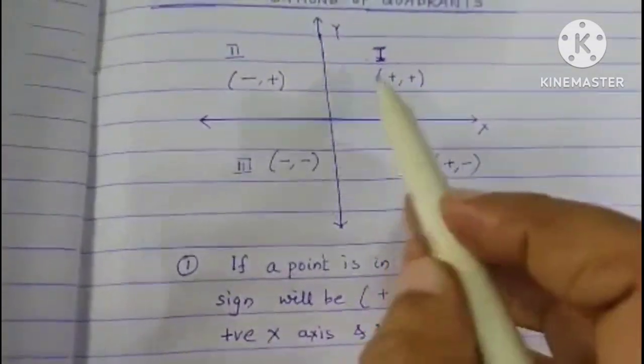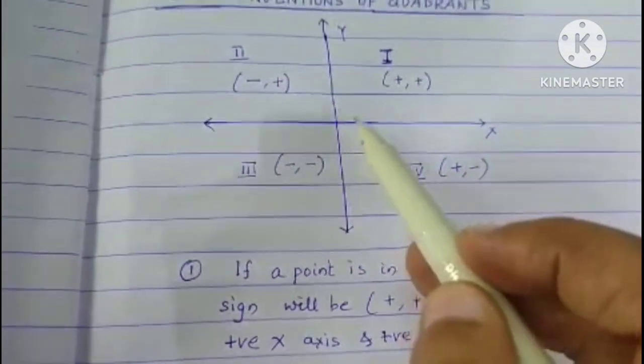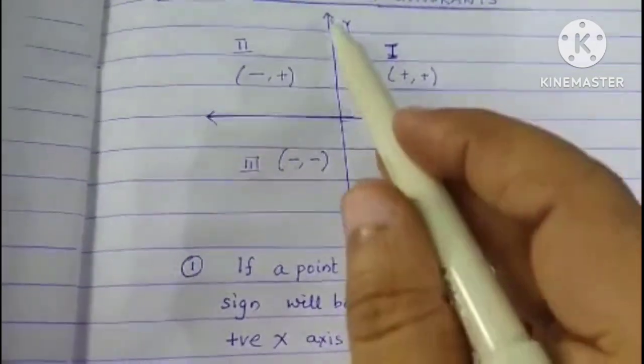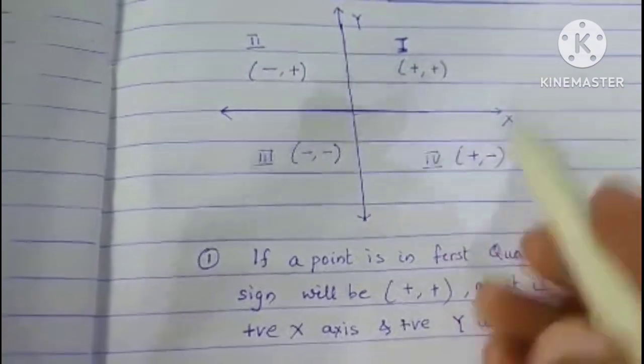As I told you, this part of the plane is enclosed by the positive x axis and positive y axis, so the sign will be plus and plus.